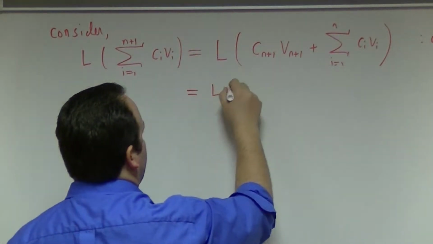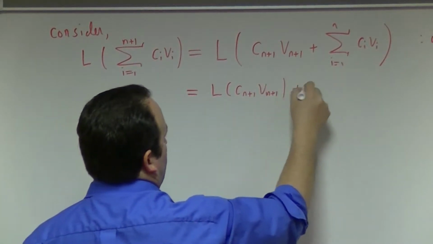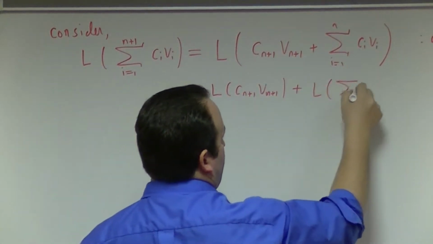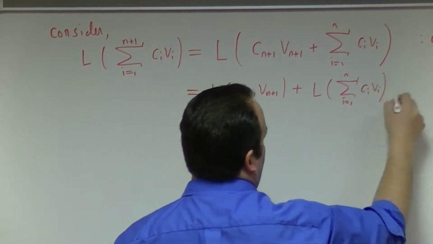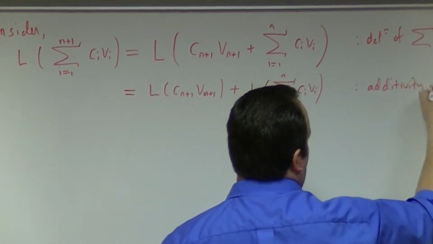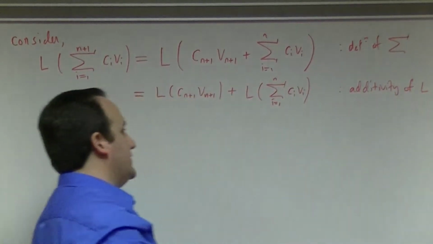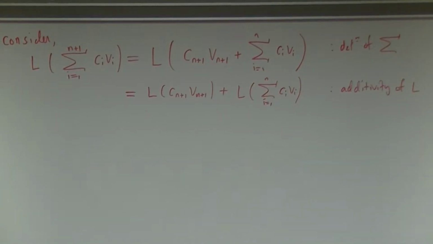Additivity gives me that this is L of C(n+1) V(n+1) plus L of the sum from 1 to n. Again, it's additivity of L, which is one of the things we're assuming. By definition, L is a linear transformation if it's additive and homogeneous. Now I use homogeneity again, and also the induction hypothesis.